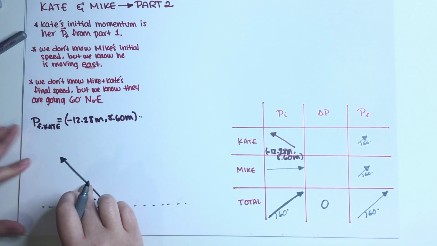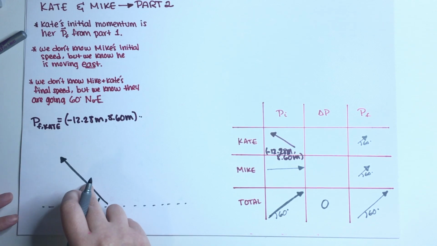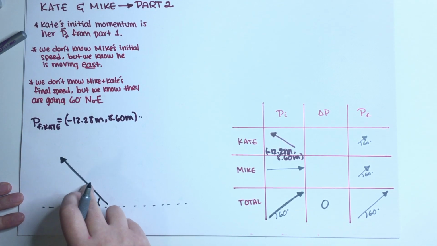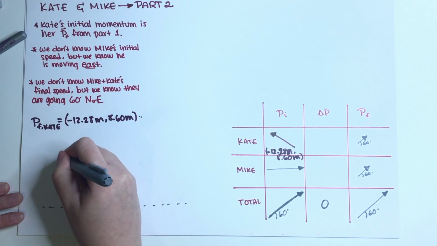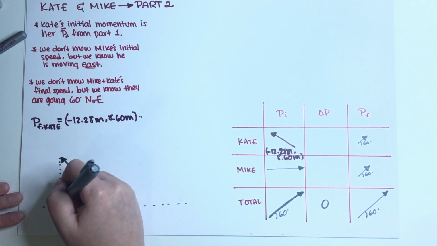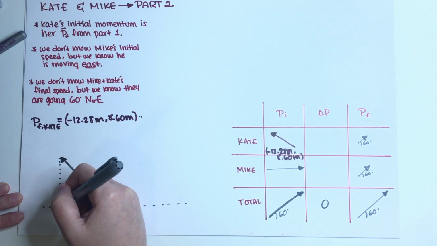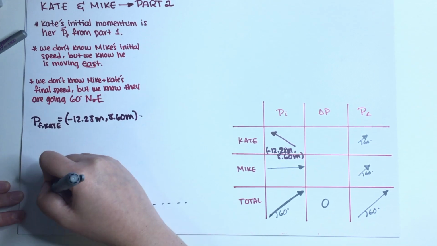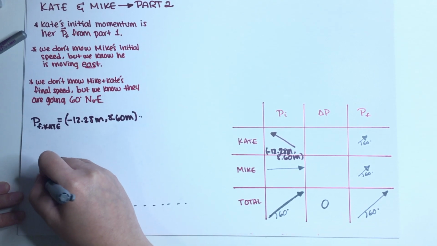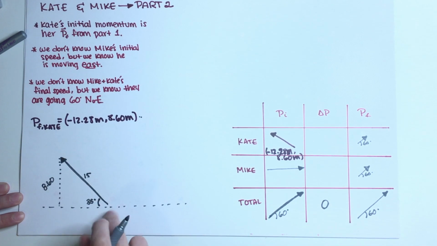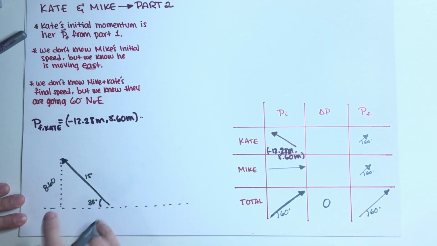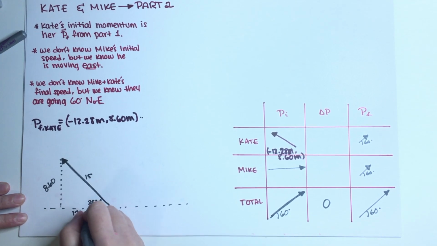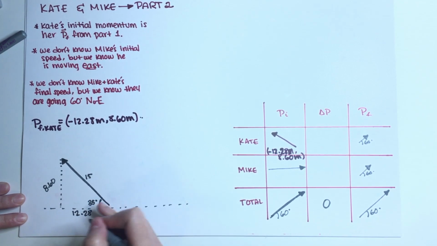Her total initial momentum is equal to 15. Yes, so 15. And then this side over here, it's her y coordinate. So this is 8.60. And her x component of her momentum vector is 12.28 just in length. I mean, of course, it's negative because she's going to the west, but I'm just looking at lengths here.